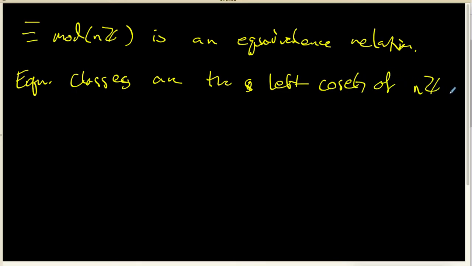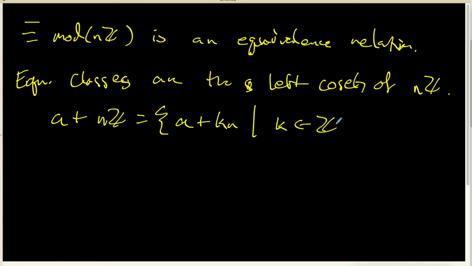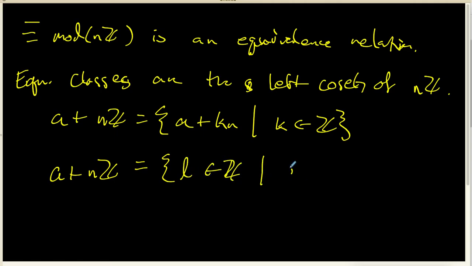And our subring, of course, is nZ. So the equivalence classes look like a plus nZ, which is the set a plus k times n, where k is running over all of the integers. And when you look at that set long enough, you realize that the set a plus nZ is nothing more than the set of integers l such that a is congruent to l mod n.